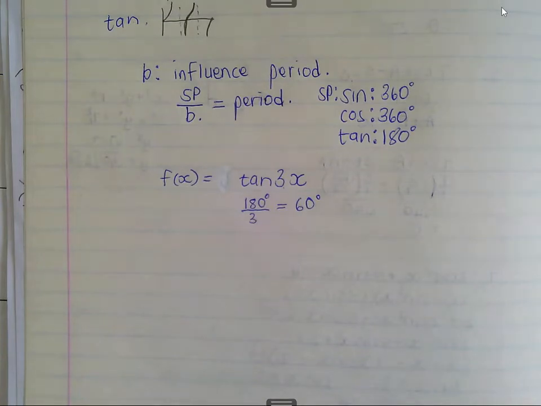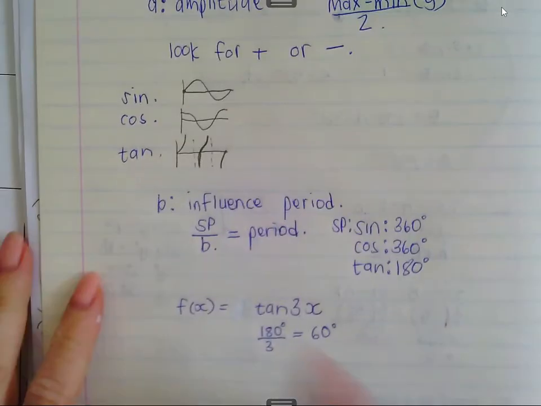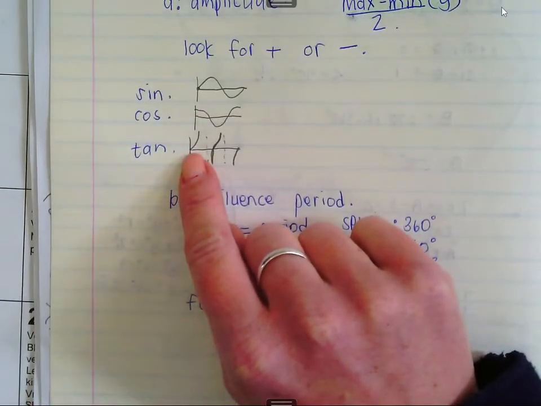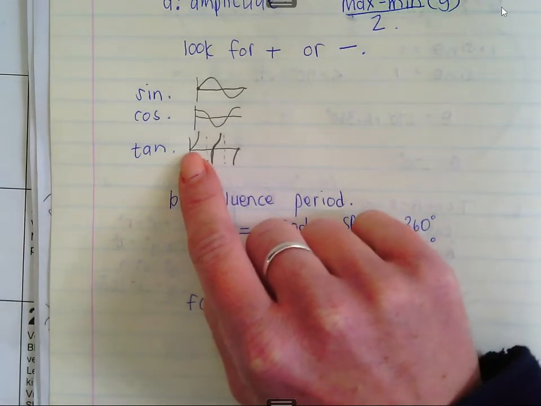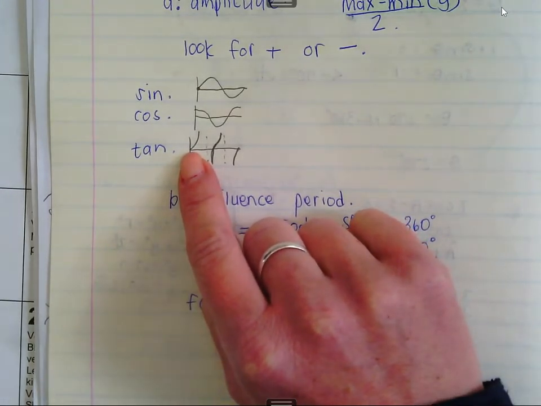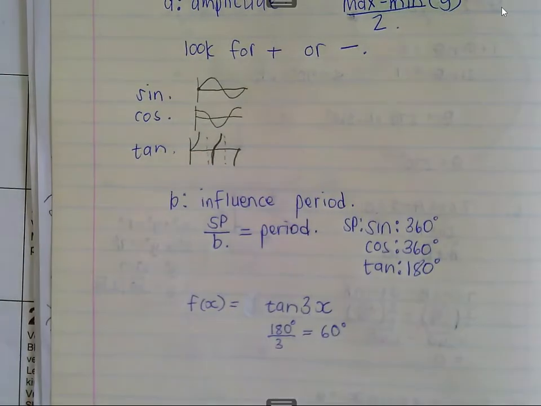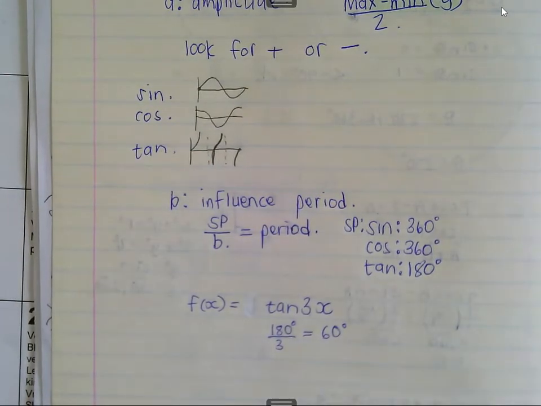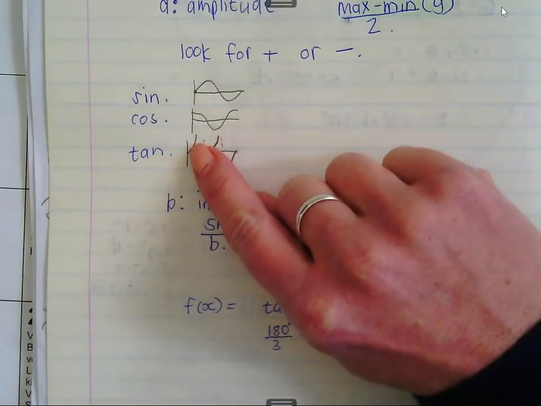Okay, now if you don't know what the critical points of a graph is, then you might go to tan and you would think it's every 90 degrees. Now they give you the function and you are trying to get the values to plot them. You would say tan 0, you'd get 0.